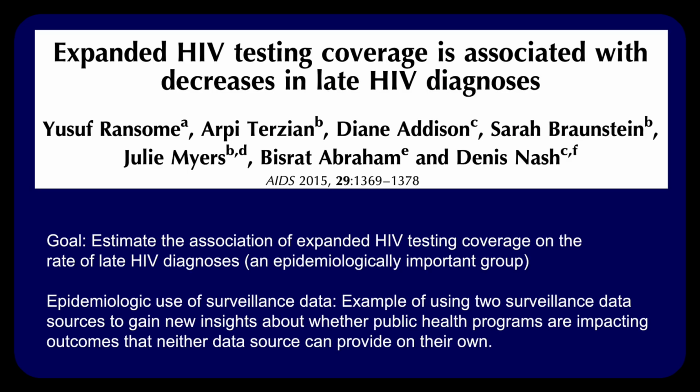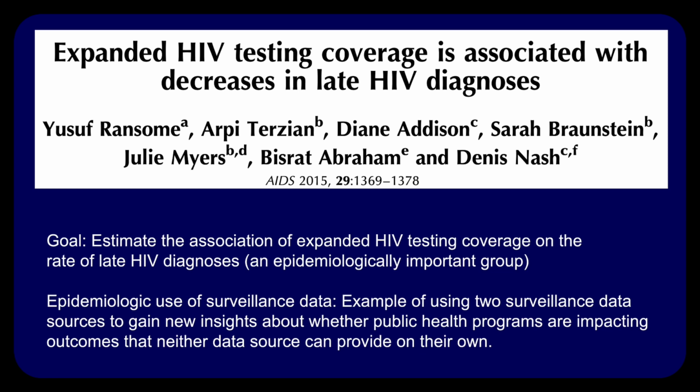So in this first analysis led by Yusuf Ransom, the goal here was to estimate the association of expanded HIV testing coverage on the rate of late HIV diagnoses, which, as I mentioned, is the outcome. With HIV surveillance, all new diagnoses of HIV are reportable, but the focus on people who have advanced HIV disease at the time of their diagnosis is an epidemiologically important group that was the focus of this analysis.